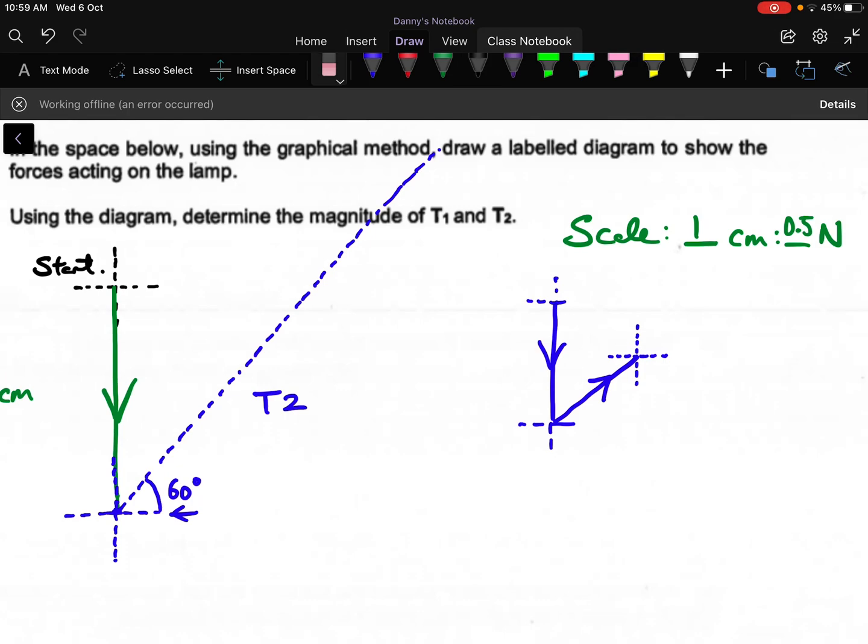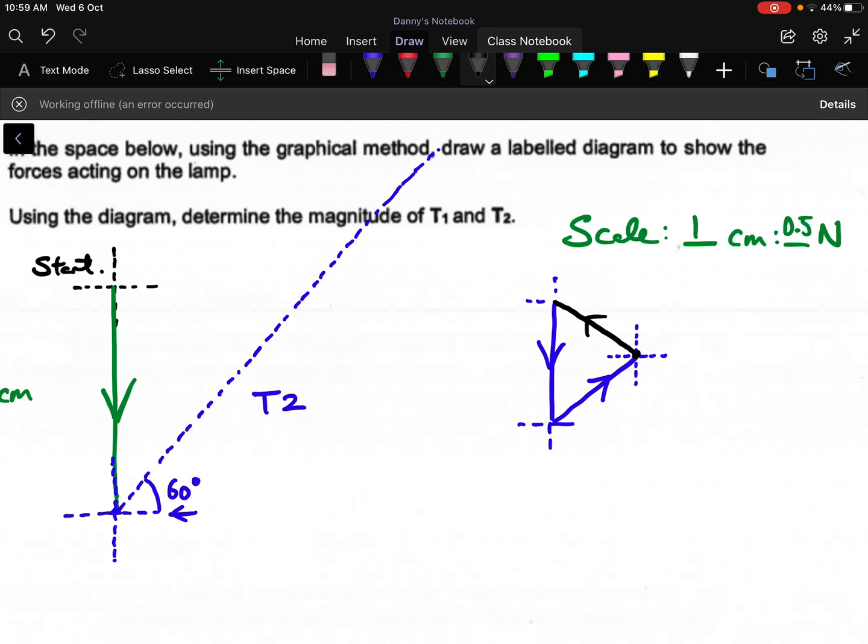Sometimes this last vector will end here, and this means that I would have a net force. But in this case, I know that I do not have a net force. This means that my third vector must start from the end of the second vector and end right at the starting point.